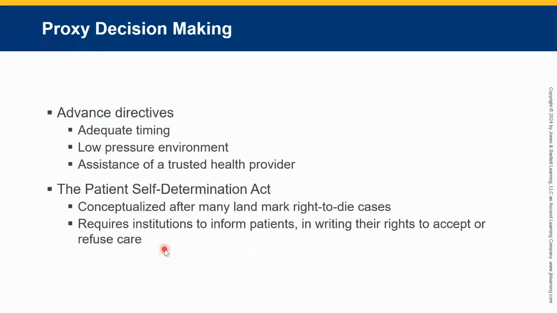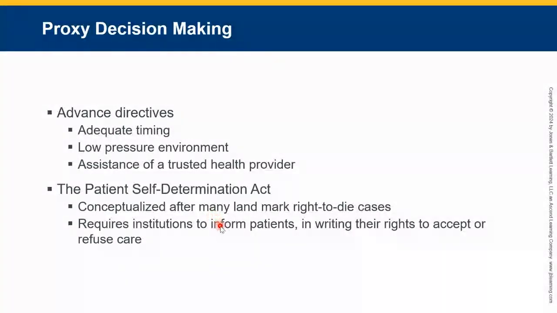So this act relies on state laws related to end-of-life care, and this act was implemented to improve communication and knowledge about problems at the end of life for patients and their families.